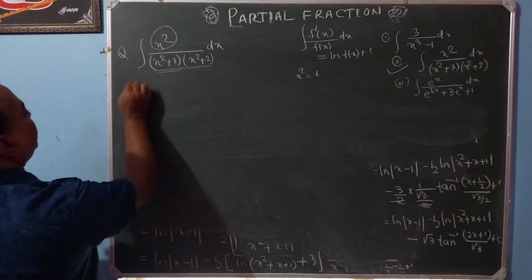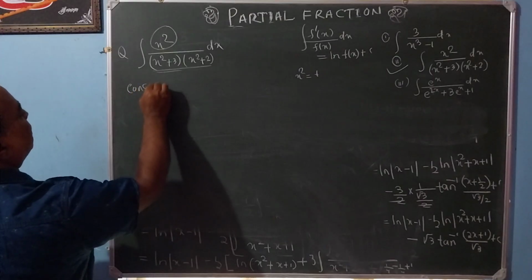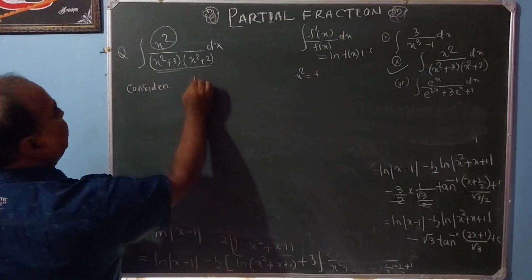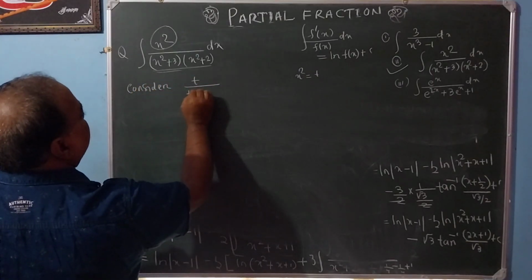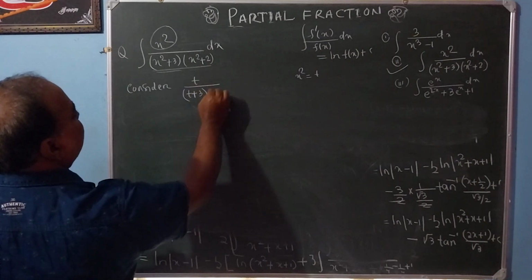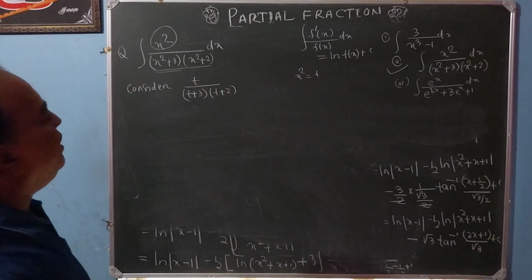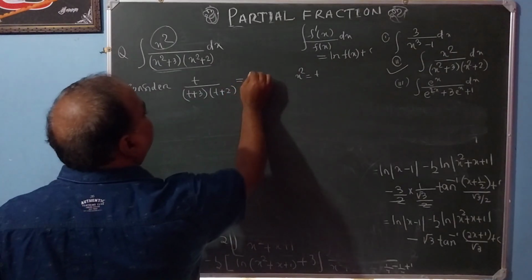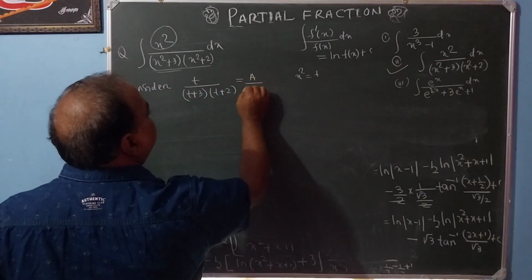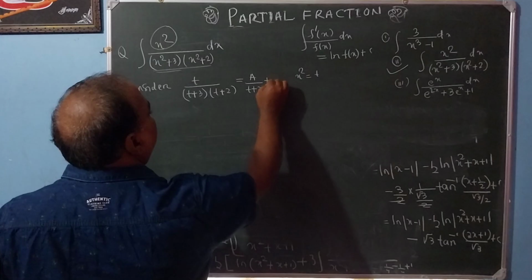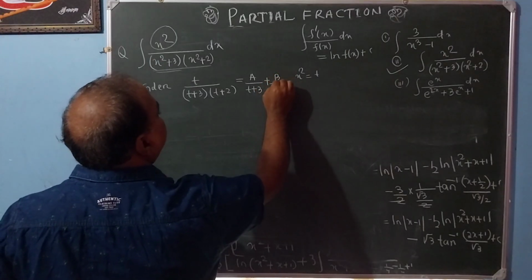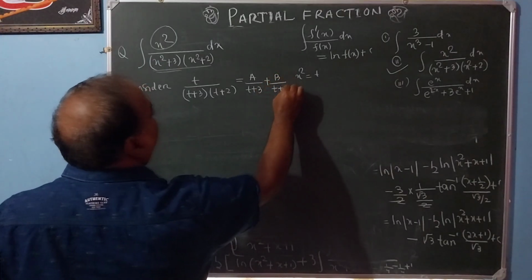So write down, consider t by (t plus 3) divided by (t plus 2). So the corresponding partial fraction will be a by (t plus 3) plus b by (t plus 2).